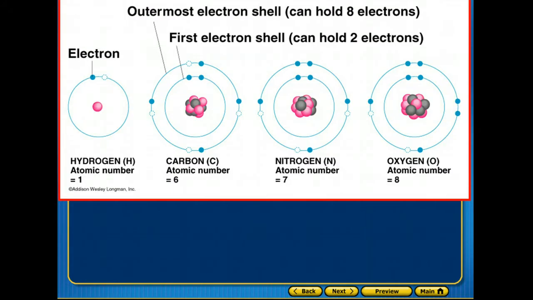Alright, so here we have a diagram showing 4 different atoms. On the left we have hydrogen, then carbon, then nitrogen, then oxygen. Now look at the diagrams and look at the valence electrons, the electrons in the outer shells. They've left little faint circles there so you can see when it's lacking electrons. Well, first let me tell you about the octet rule.